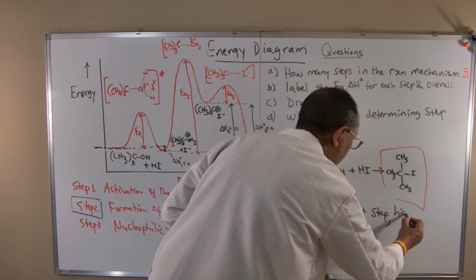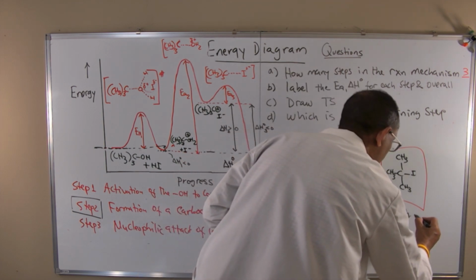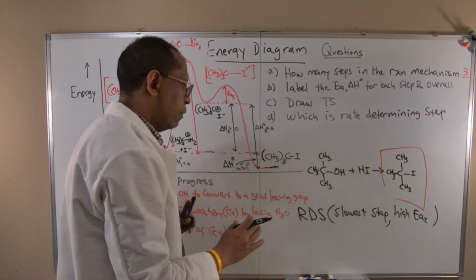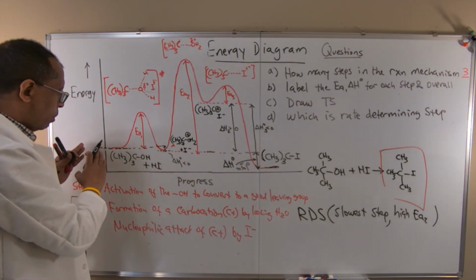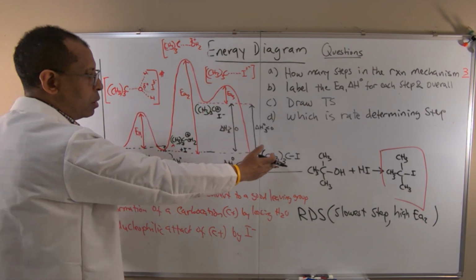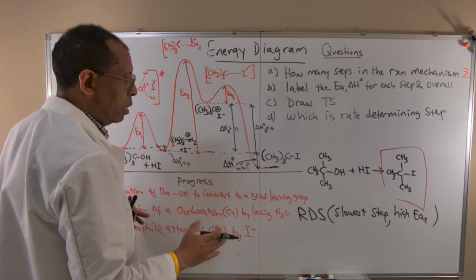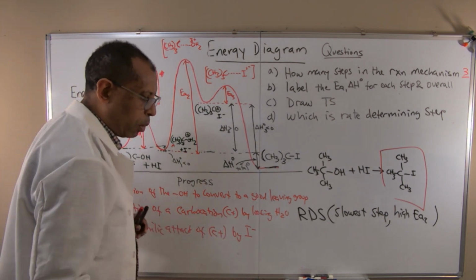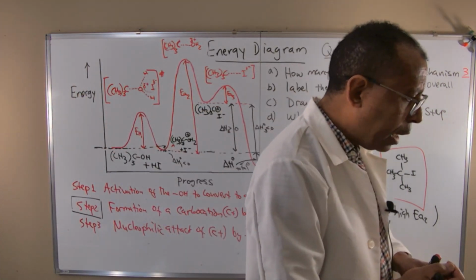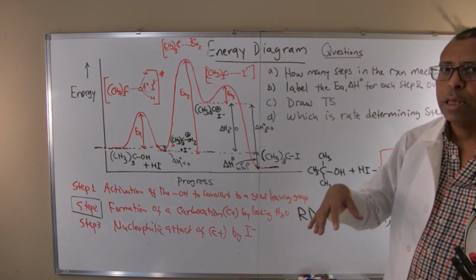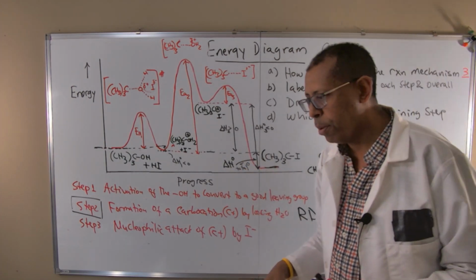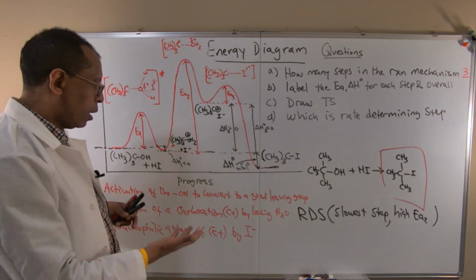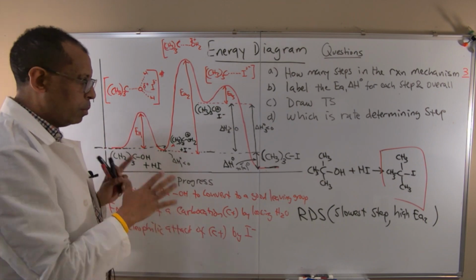High EA2 activation energy, high EA2. So the rate of this overall reaction going from tert-butanol to tert-butyl iodide is rate limited by the formation of a carbocation. So in any substitution reaction of this type, you don't have to know every organic alcohol. The mechanism is the same.